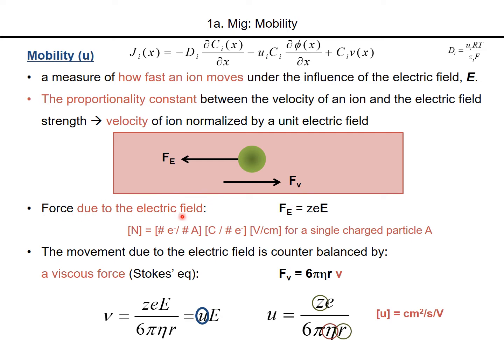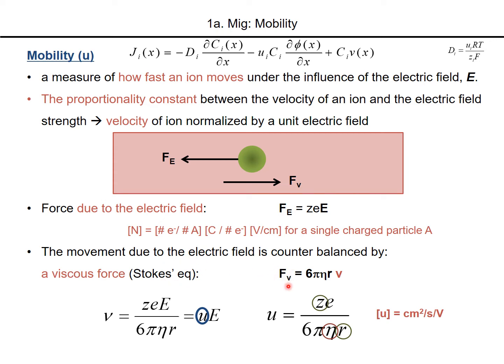Force due to the electric field, or F with subscript E, is charge times electric field. z is the number of charge and e is the charge amount, Coulomb. So ze is the total charge amount, times the electric field. That is the electric field force. This movement due to the electric field is counterbalanced by a viscous force, which is described by the famous Stokes equation.